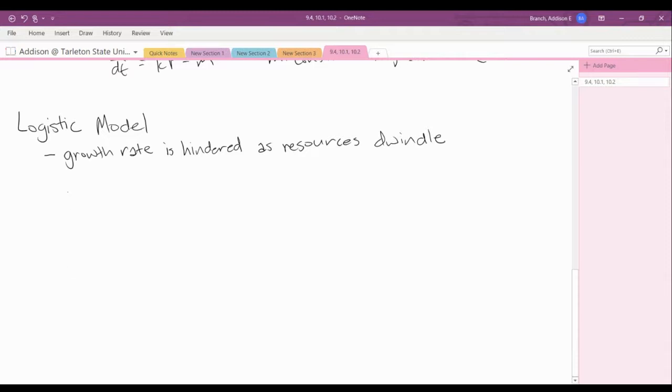What this one says is that dP/dt is equal to kP times (1 minus P over M). In this case, k is just a constant, P is our population, and M is our carrying capacity, which is the maximum amount, the biggest population that we can logically have.